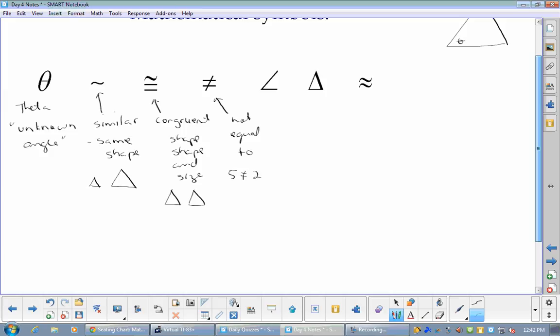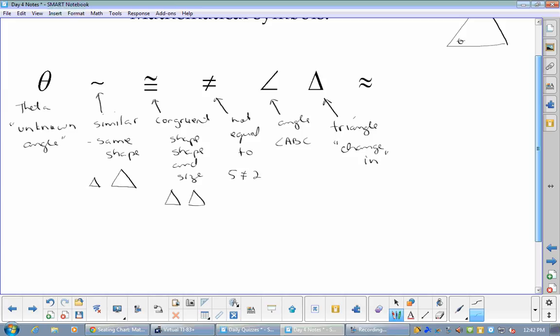This here means angle. So you may see angle ABC. This means triangle. And in science, it also means change in.